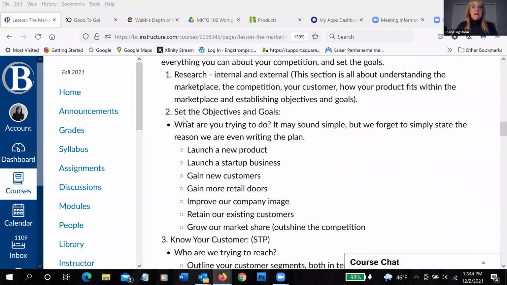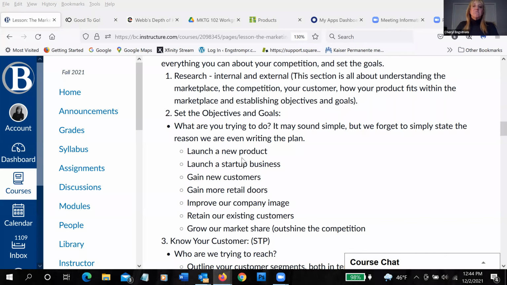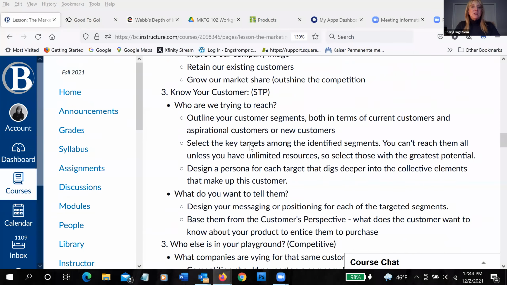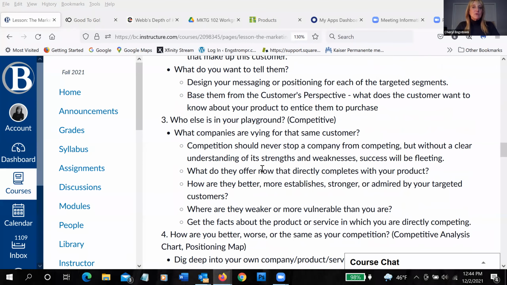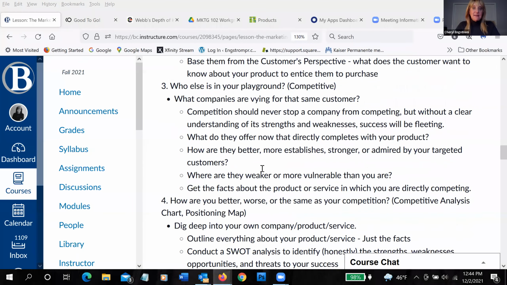So you can see here, goals and objectives. These are questions I put in here to prompt you to think, but you don't have to use any of this stuff. You've done all this work. All you're doing at this point is refining this section.